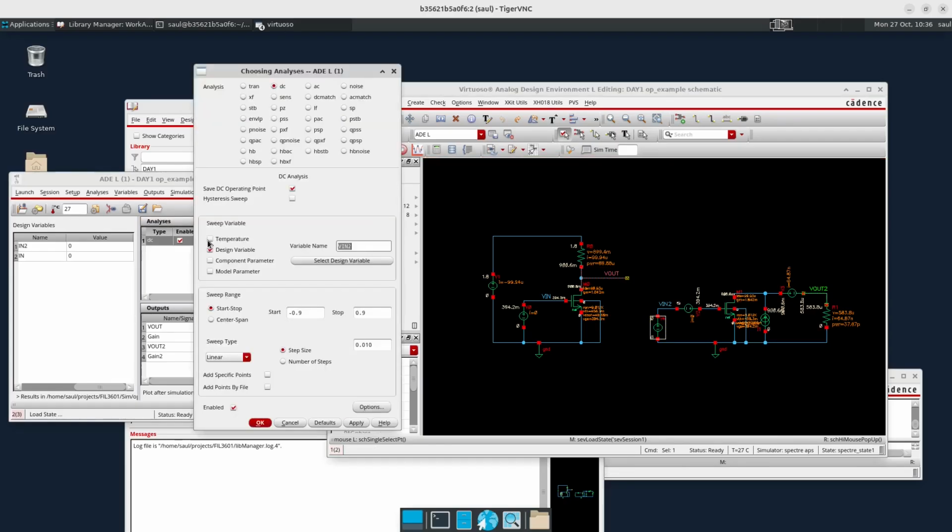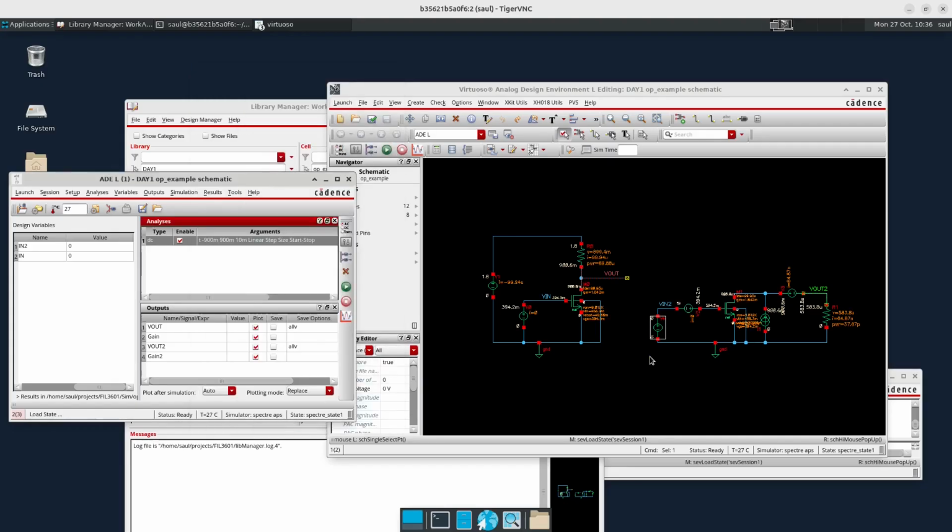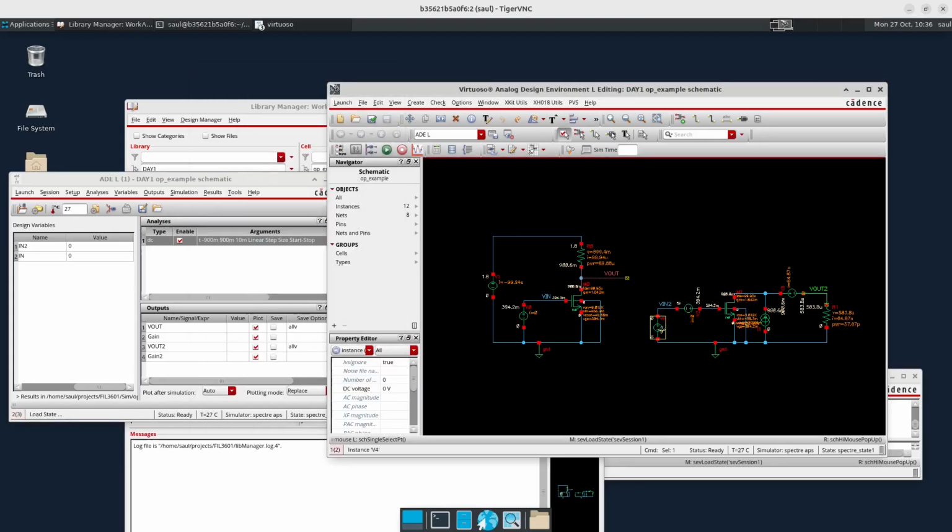So what we're going to be doing here is sweeping the variable V in 2. It is located, we're going to put it here.